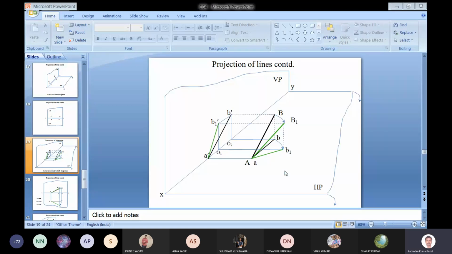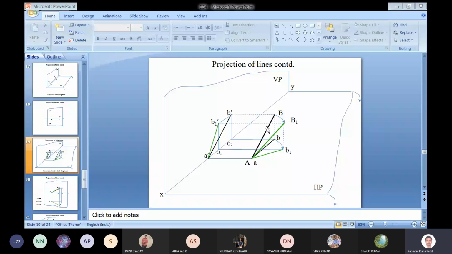Now a little bit difficult case is where we consider a line which is inclined to both the planes. First of all, we will consider line AB, which is parallel to the vertical plane and inclined with the horizontal plane.